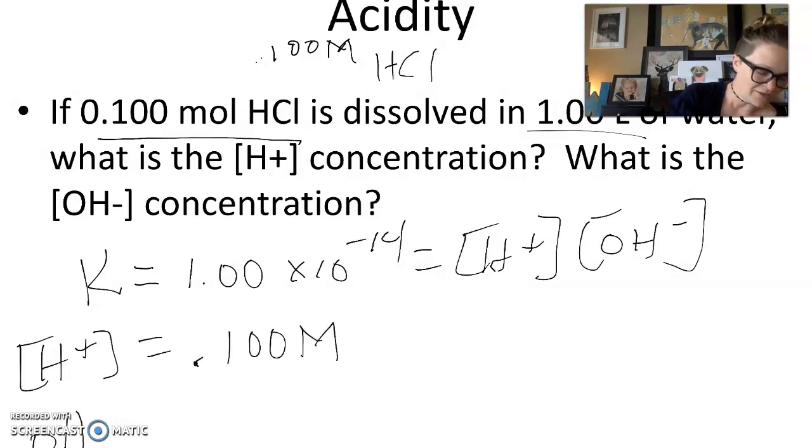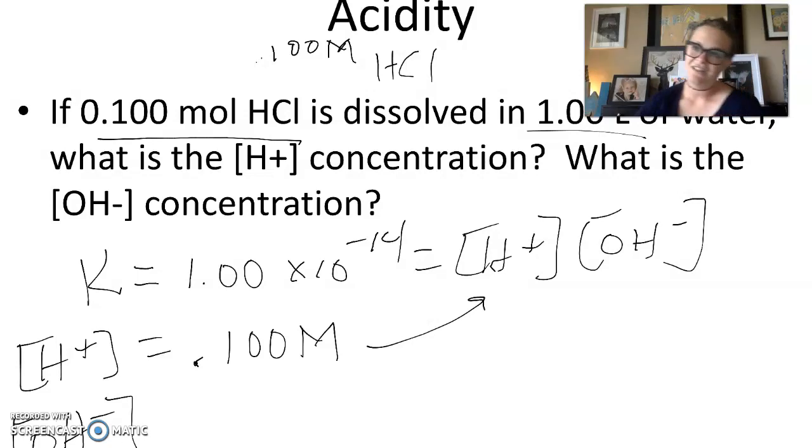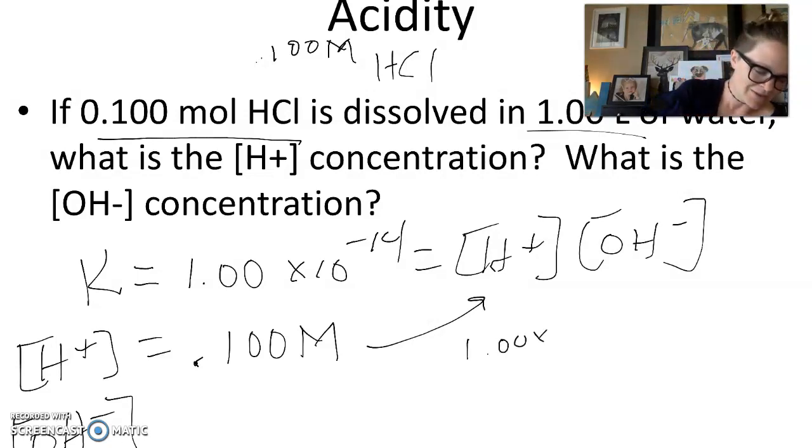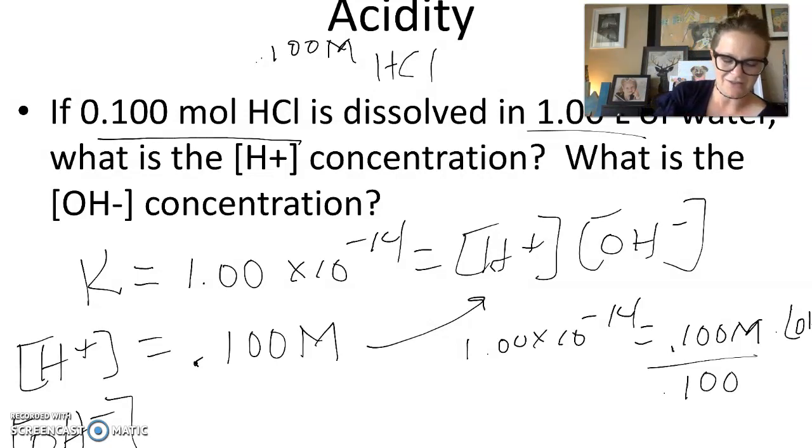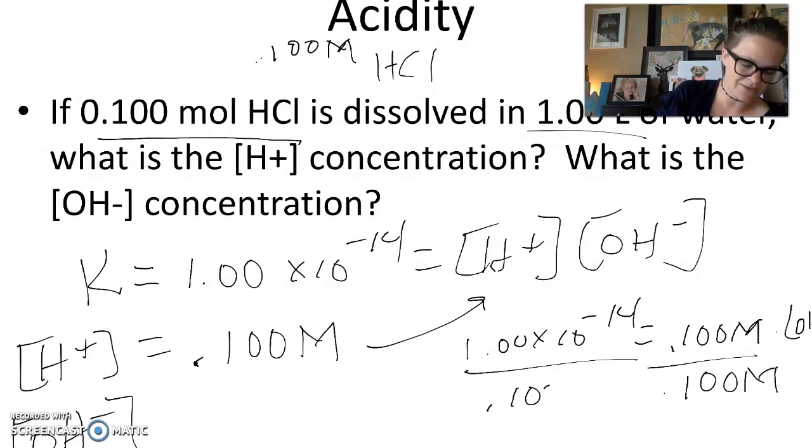But I want to know the OH minus concentration. So all I need to do is plug that concentration into the equation up there. So I would do 1.00 times 10 to the negative 14 equals 0.100 times the OH minus molarity. Oh, my stylus is dying. And then to get the OH minus by itself, I am going to divide by 0.100.